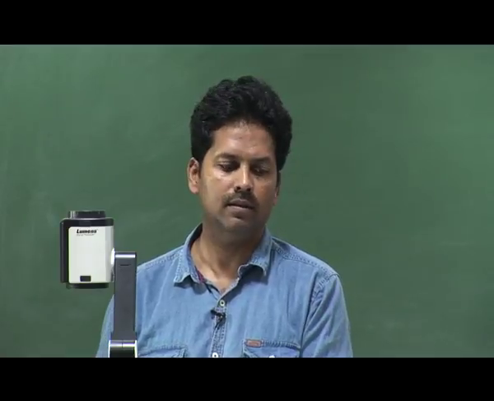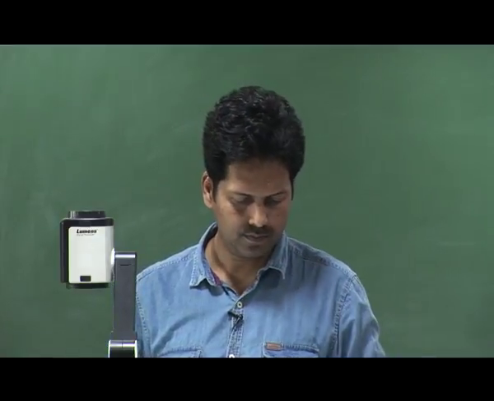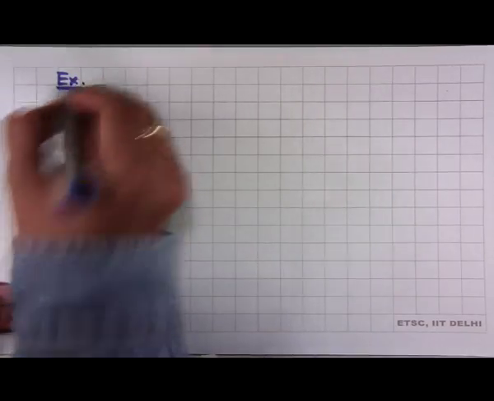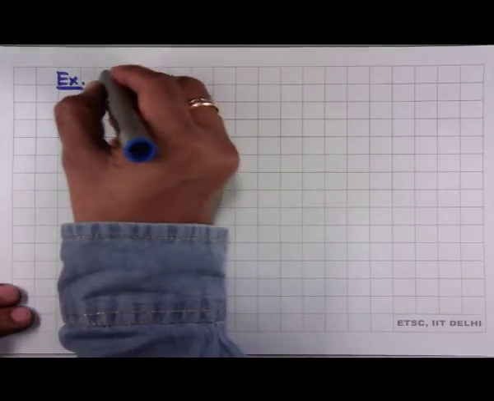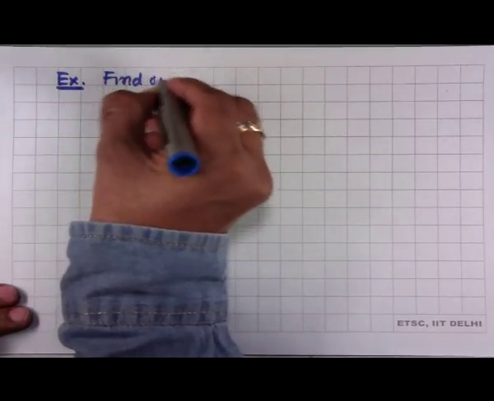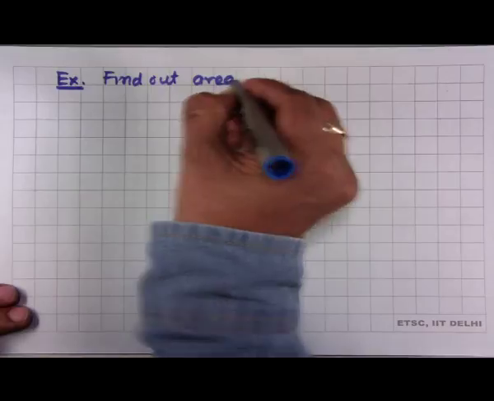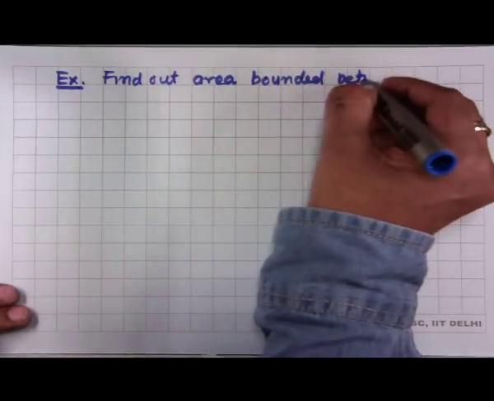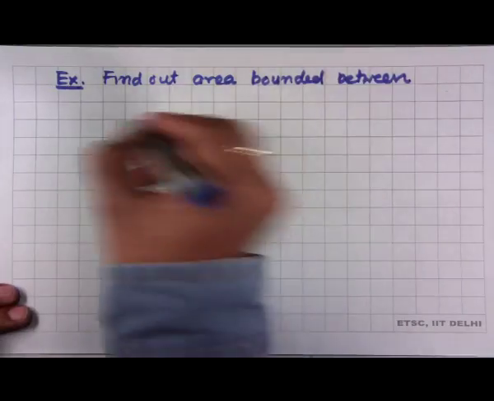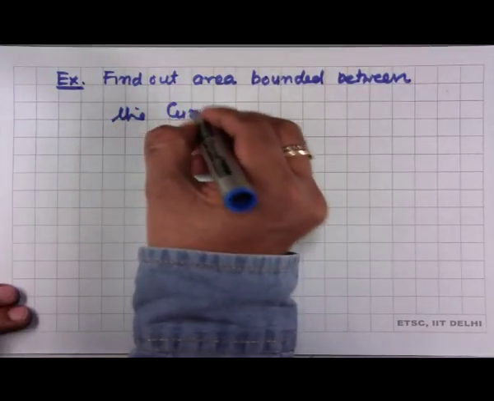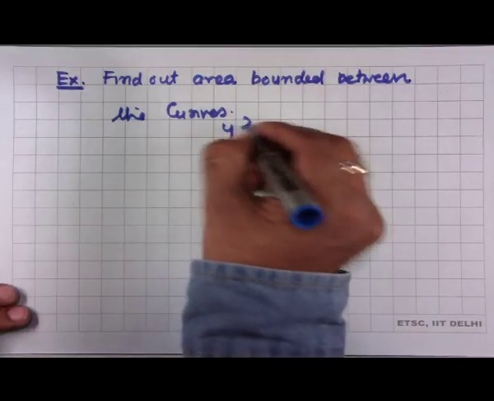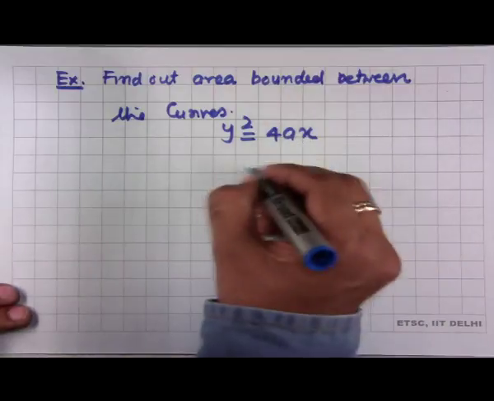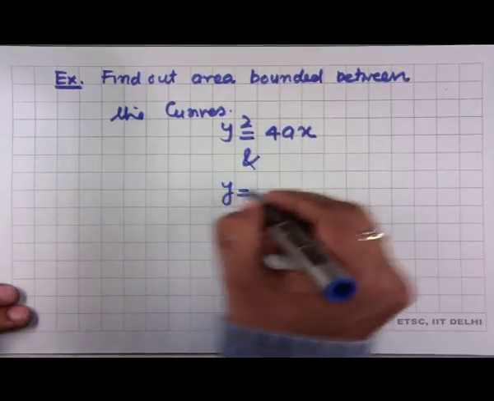Let us take another example. So, example is, find out area bounded between the curves y square equals to 4ax and y equals to mx.